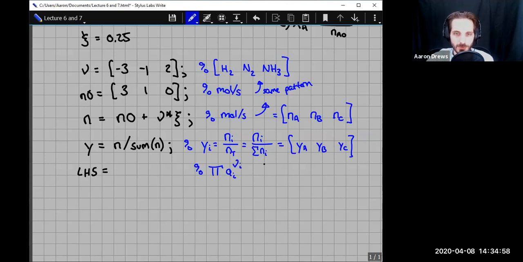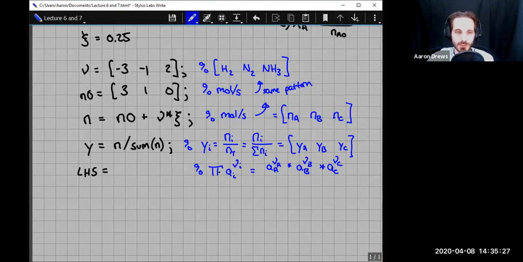So what we're after in MATLAB is something that looks like a sub A raised to the stoichiometric coefficient of A, times a sub B raised to the stoichiometric coefficient of B, times a sub C raised to the stoichiometric coefficient of C, right? We're trying to take that product of each one of those a sub i's.